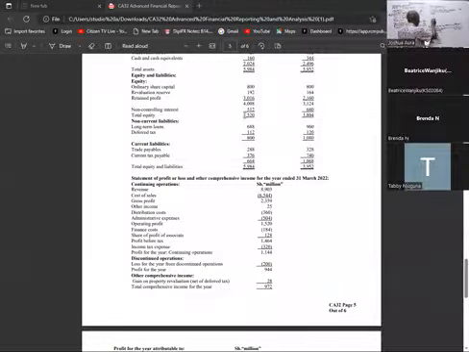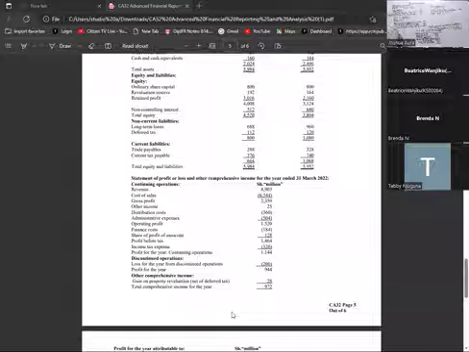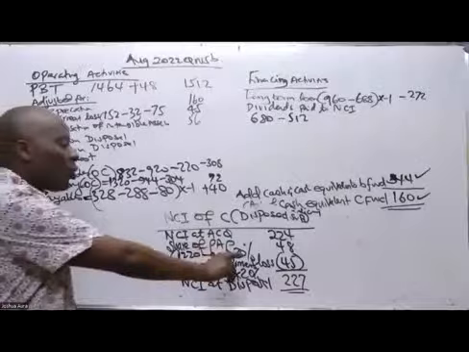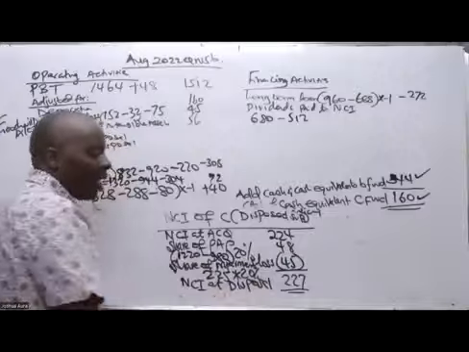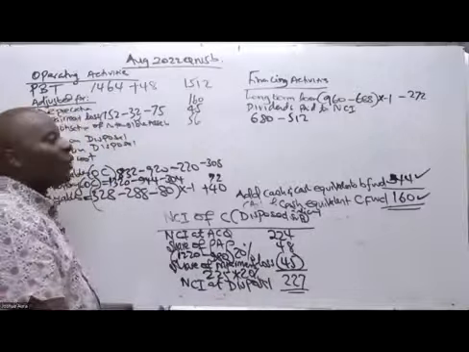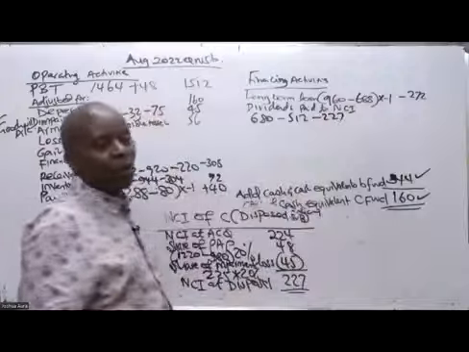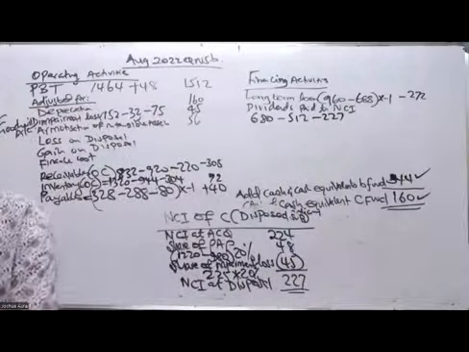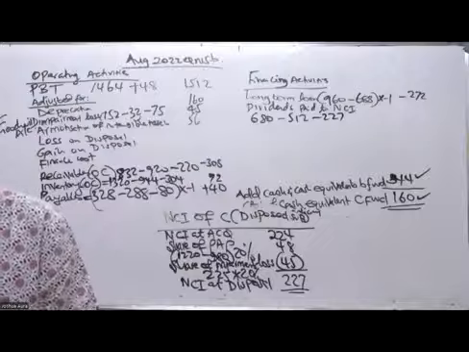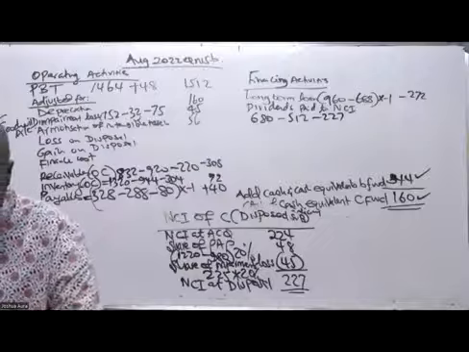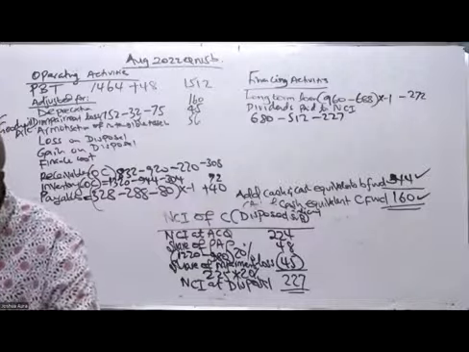Then don't forget, my good students, that we lost through disposal, we lost some NCI. So minus 227.